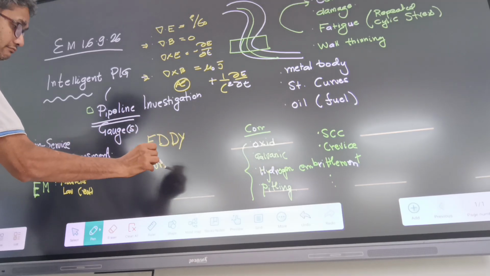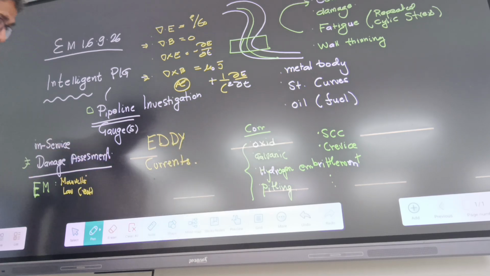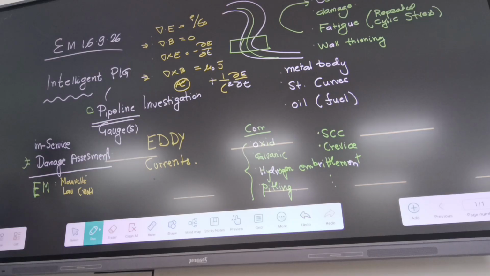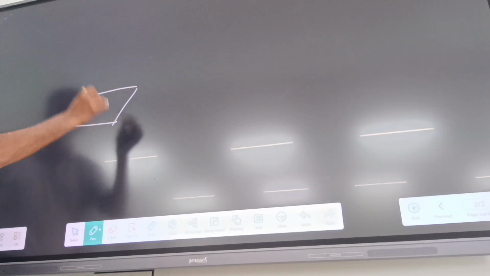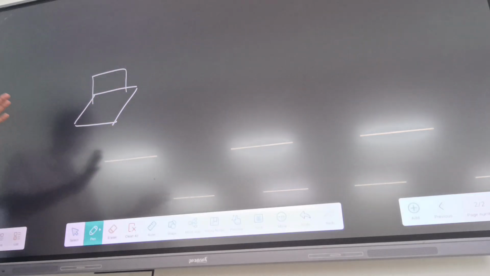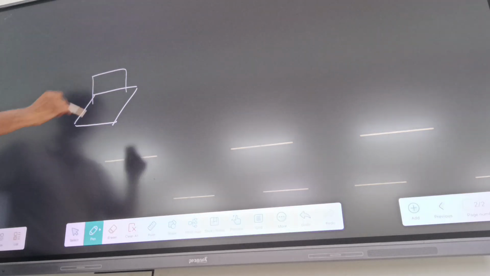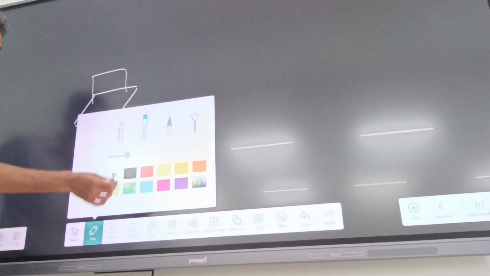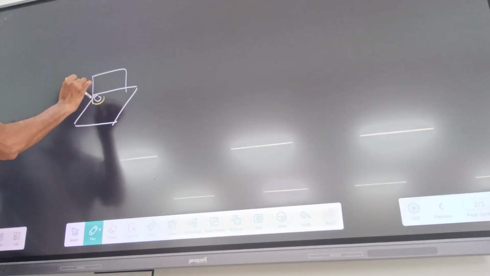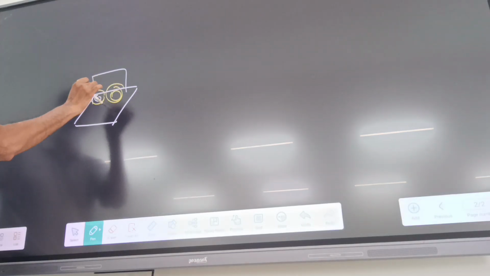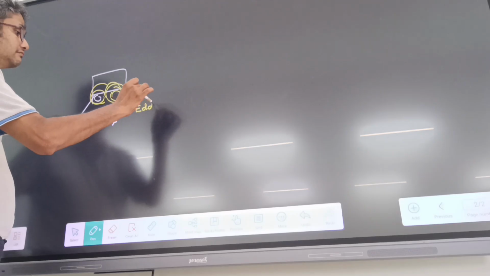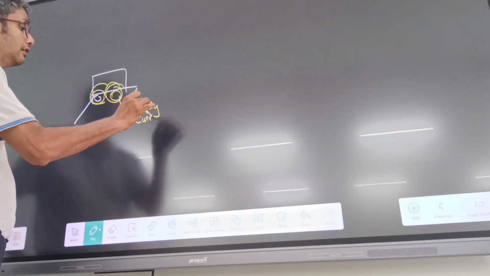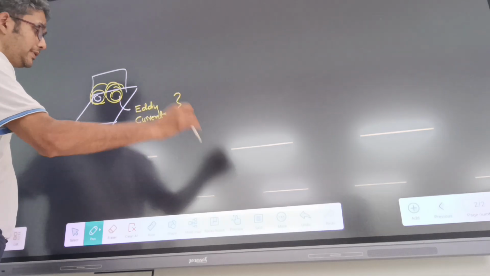Whenever there is a sample, a normal sample, and somehow we are creating some magnetic field, then between these magnetic fields eddy currents will develop. And we keep track of the eddy currents.